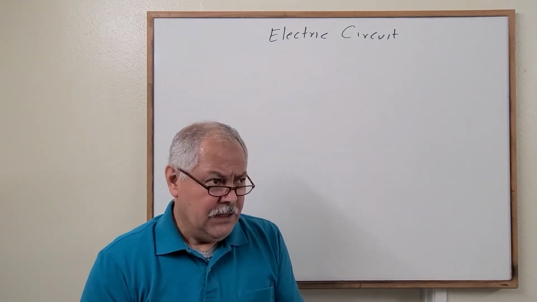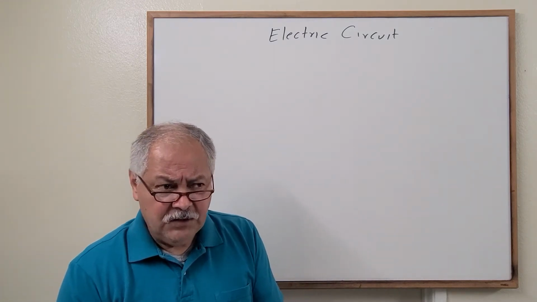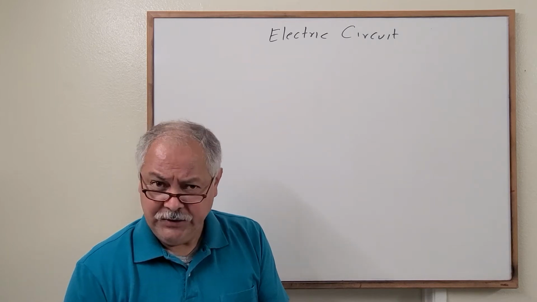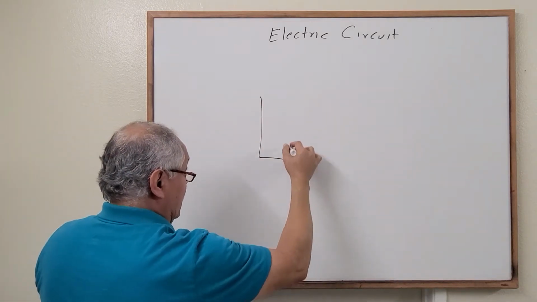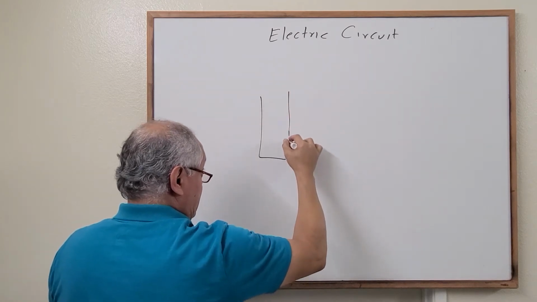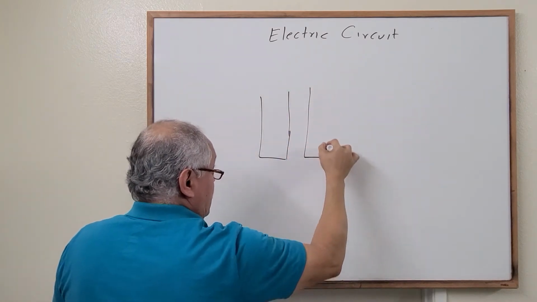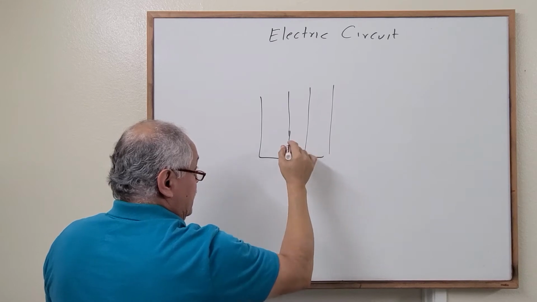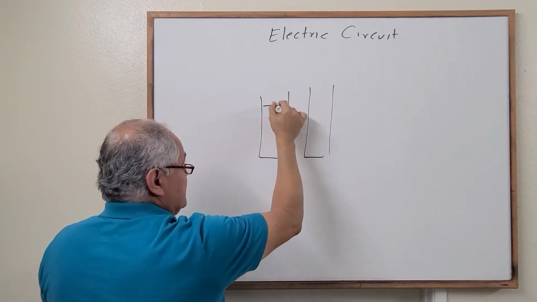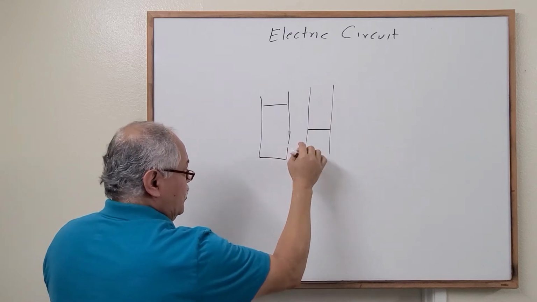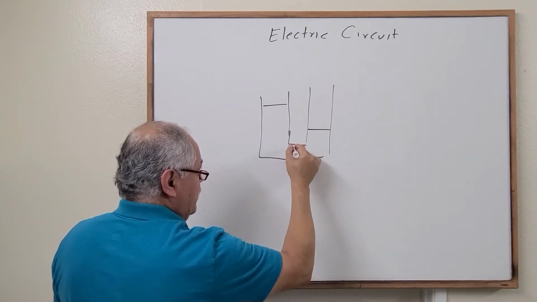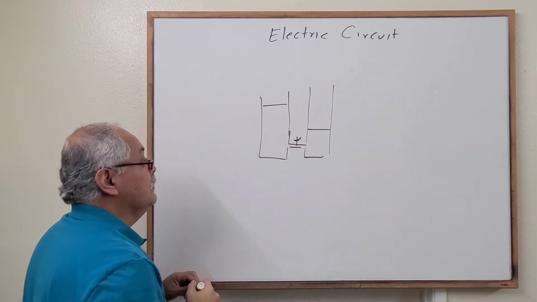We explain the idea of voltage using the idea of pressure. We know that if we have pressure, we have these two containers, and this has this pressure, and it has this pressure. And now we connect these two with a bulb right here.